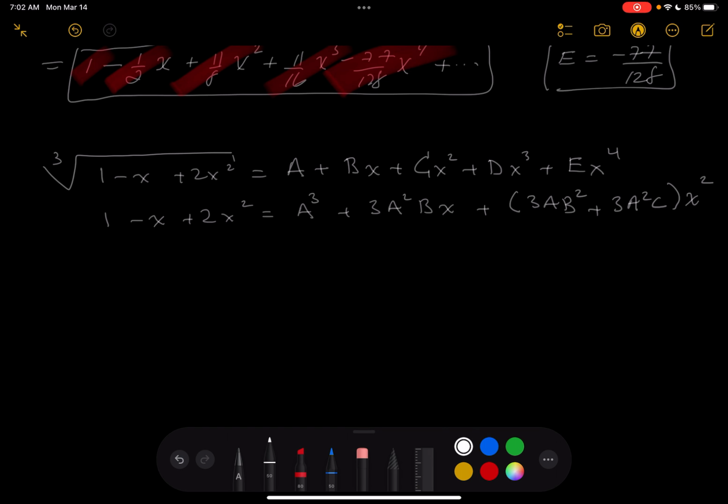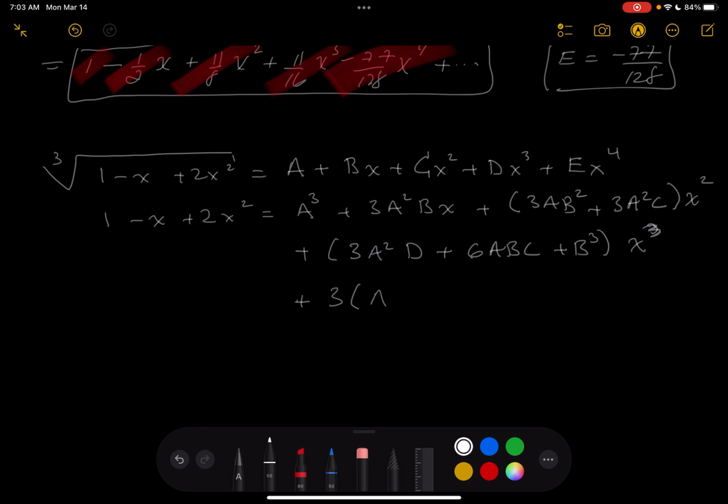Wow, I've got to keep going. Plus, it's exhausting, 3a squared d, plus 6abc, plus b cubed, and that's going to be x cubed. This is why the worst thing about doing the problem is writing it down.